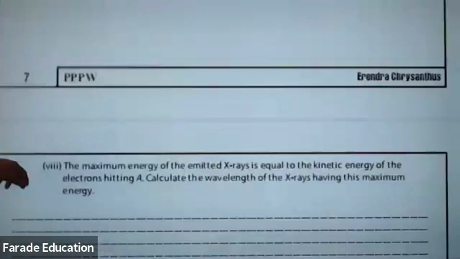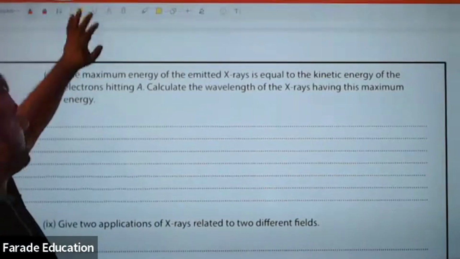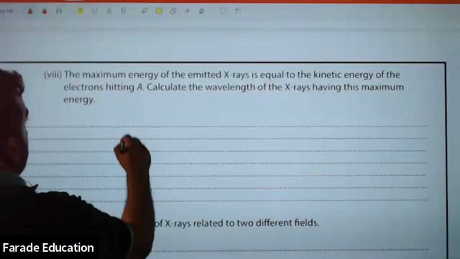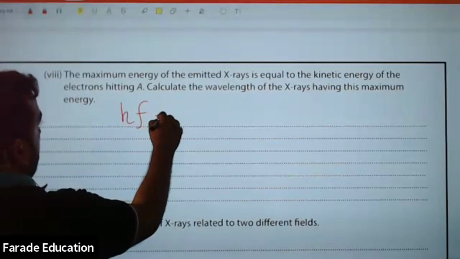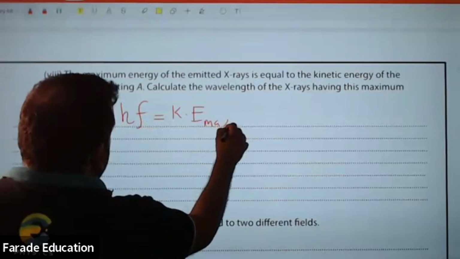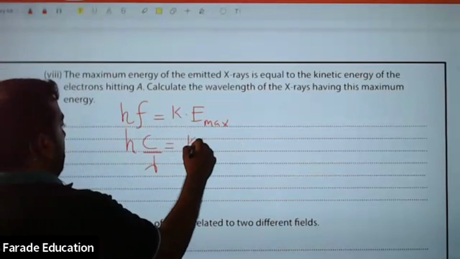Moving on. The maximum energy emitted by the X-ray is equal to the kinetic energy of the electrons hitting. Calculate the wavelength of the X-rays having this maximum energy. X-ray photon energy equals hc over lambda, equal to KE max.